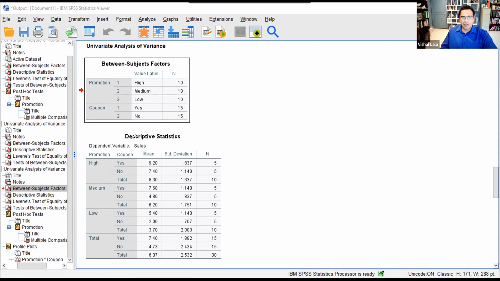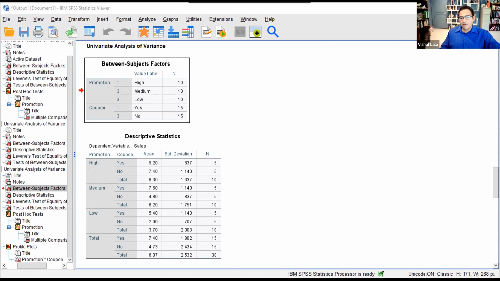So we've got to look at what happens when promotion is high and the coupon is being offered, or what happens when promotion is being offered but there's no coupon. What about medium promotion and a coupon, medium promotion, no coupon? There are all these different combinations to look at. So you're looking at 6 combinations of promotion type and coupon type.